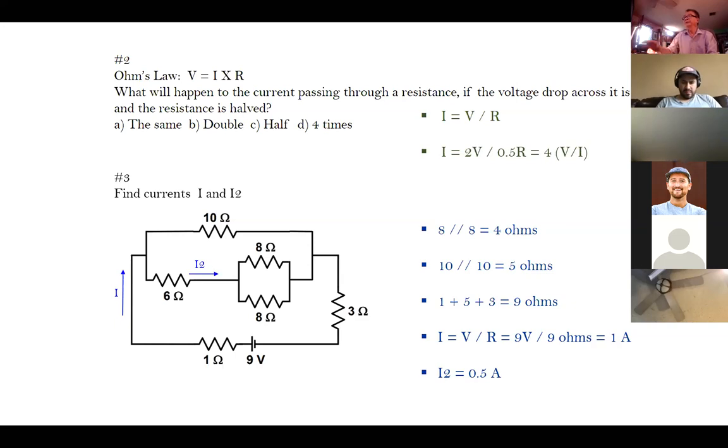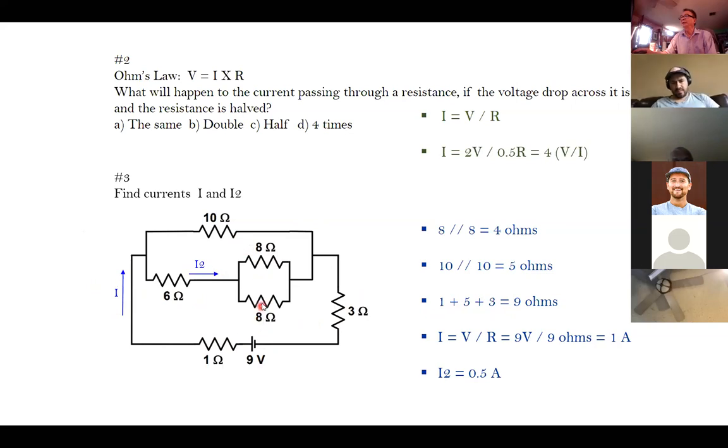If you want to calculate the total current I here, you have to combine everything here and here, so you get 9 ohm. So you're doing the smaller parallel circuit first, then medium size, and then overall. Step by step.